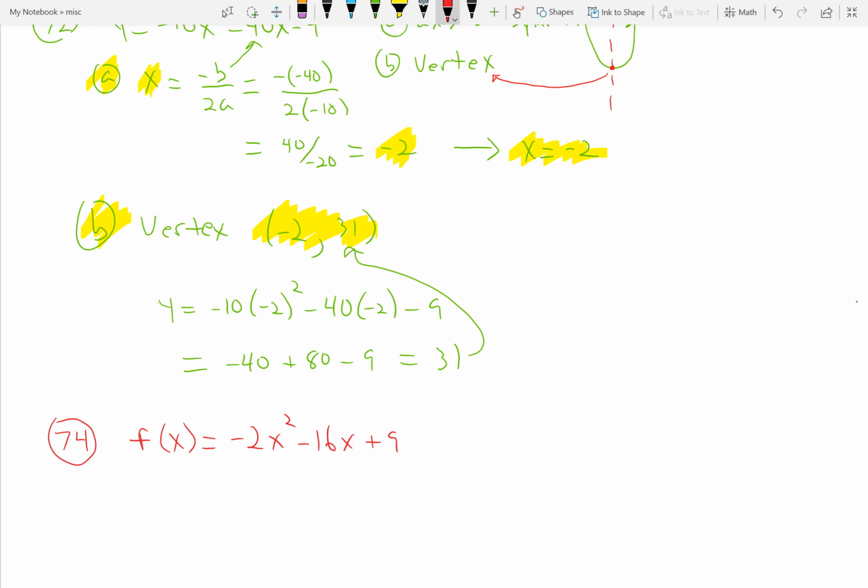This notation f of x is just another way to say y. You can think of this as y is equal to negative 2x squared minus 16x plus 9. This is called function notation, and this is equation notation. Just two different ways to come up with the same thing.